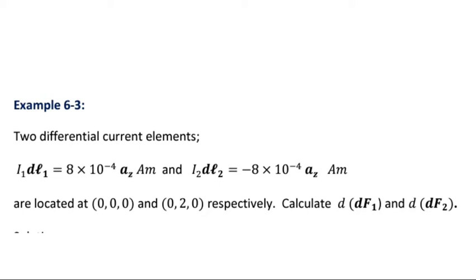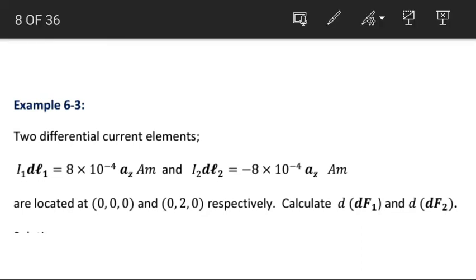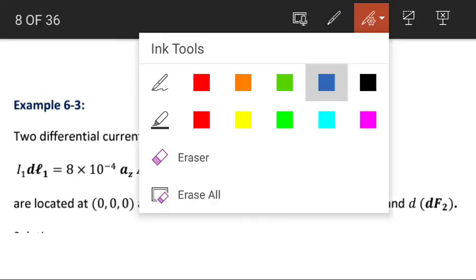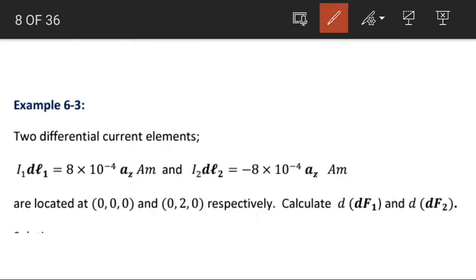We do example number 6.3. In example number 6.3, we have two differential elements. I1 dl1 is 8 into 10 raised to power minus 4 Az ampere meter, and I2 dl2 is minus 8 into 10 raised to power minus 4 Az ampere meter.